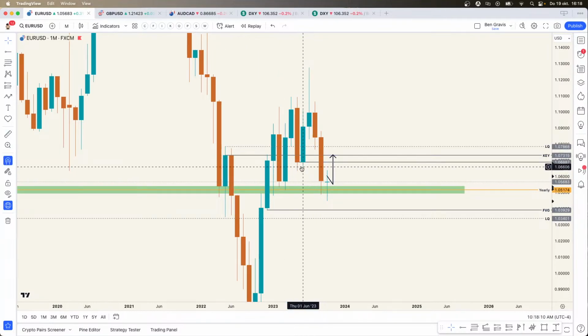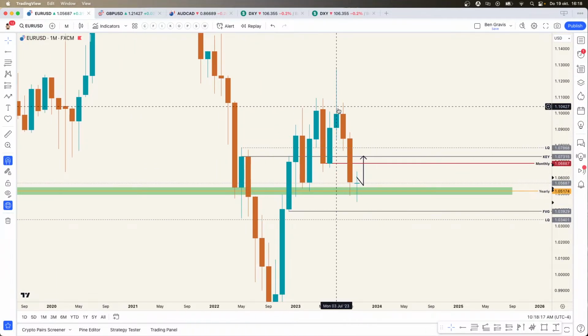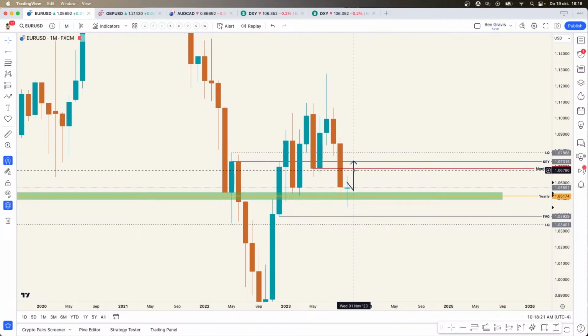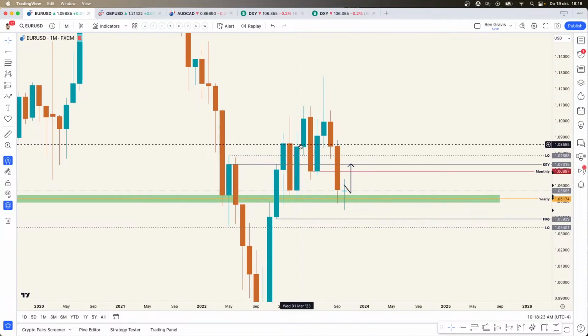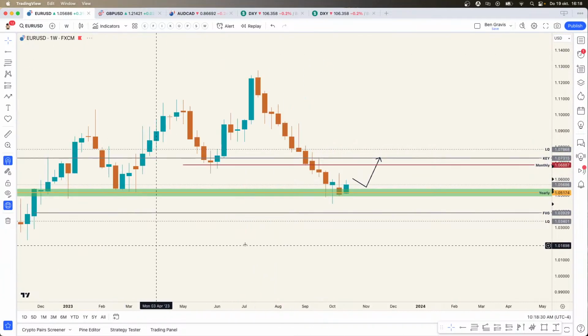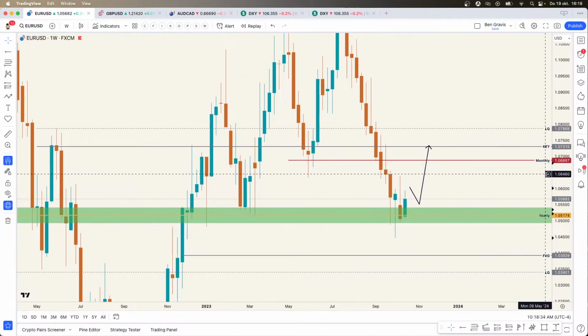As this was a previous monthly, we fell through of that. So previous monthly didn't act as a support, which means that it might act as a resistance in the future. Especially with this key level over here. So that would be the first target.